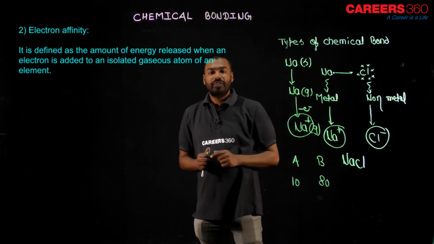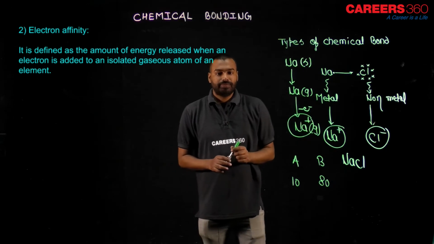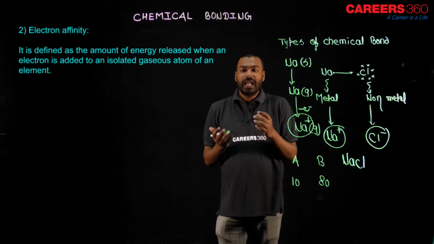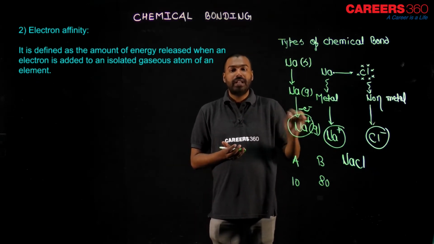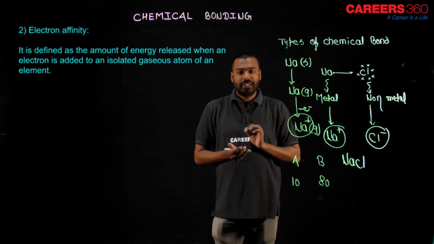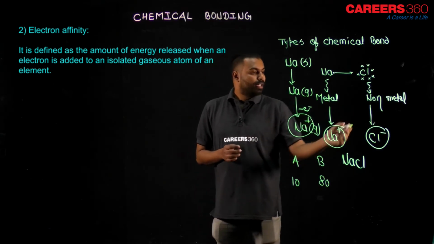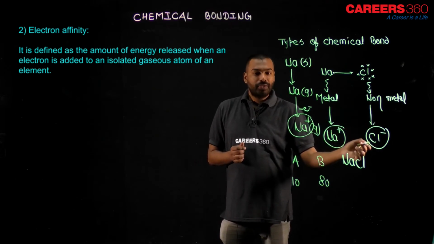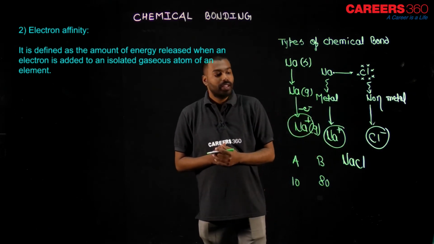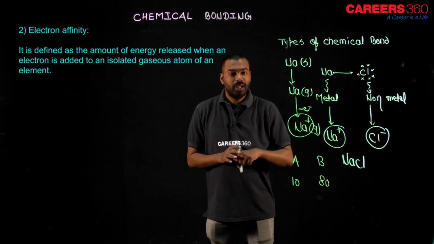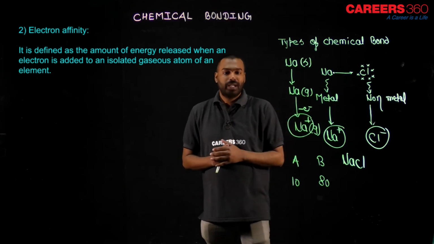So, it is defined as the amount of energy released when an electron is added to the isolated gaseous atom of an element. Wait, understand. If you add an electron to chlorine, then what happens? Energy will be released. If you remove an electron from sodium, energy will be absorbed by the sodium.